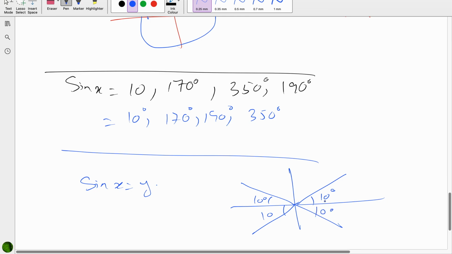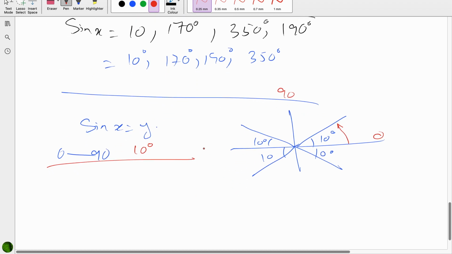If I tell you to solve from 0 to 90, you'll have only one answer because from 0 to 90 there's only one intersection. You'll have only one answer, that is 10. But if I ask you to solve from 0 to 180, you see you have two intersections and your answer will be 10 and 170.